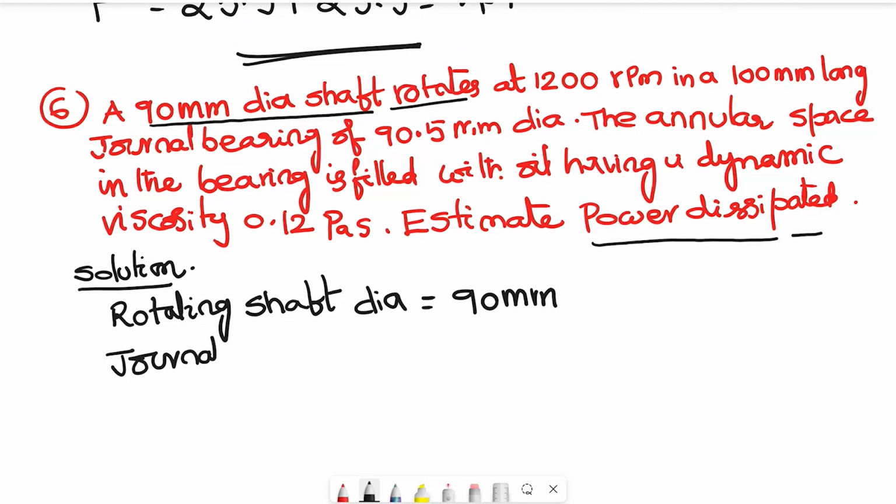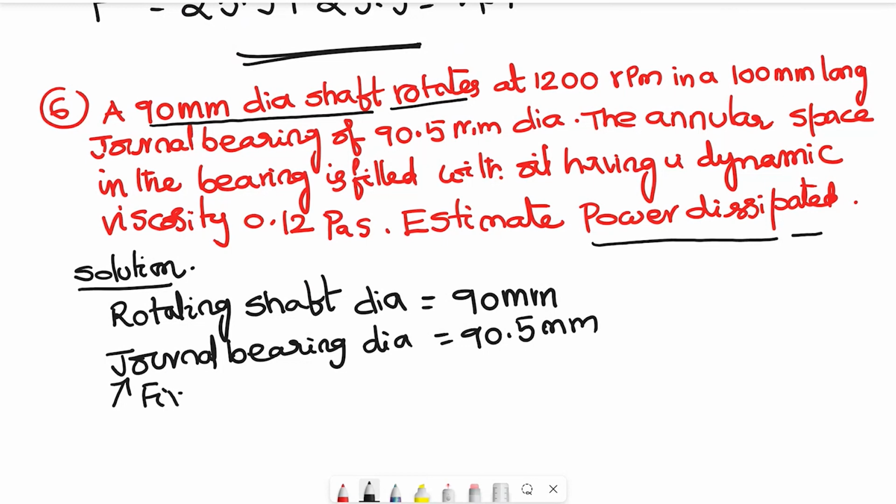A journal bearing is nothing but a fixed cylinder, of 90.5 mm. So the journal bearing is fixed, and this is rotating. That is what you should understand.